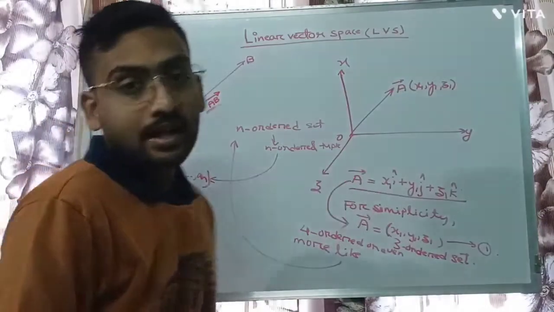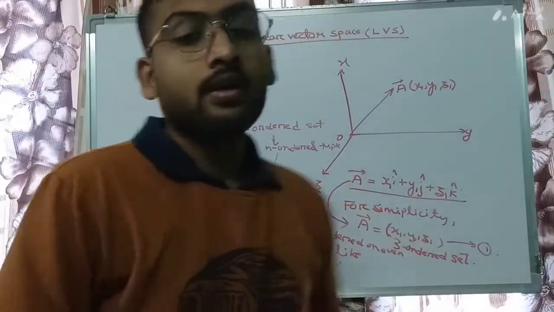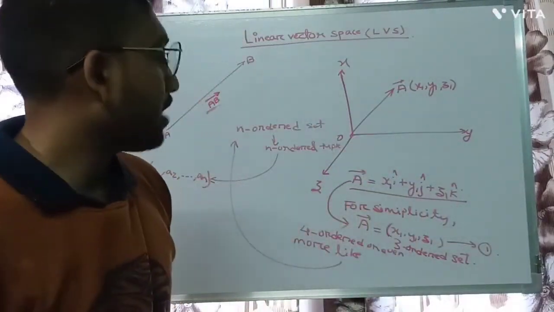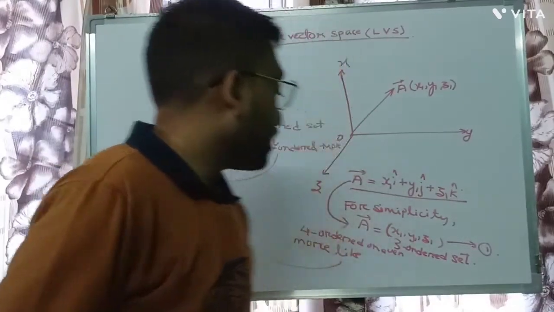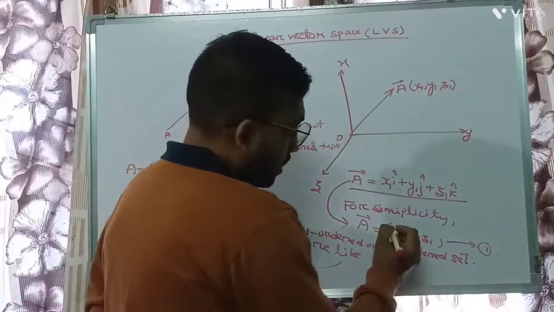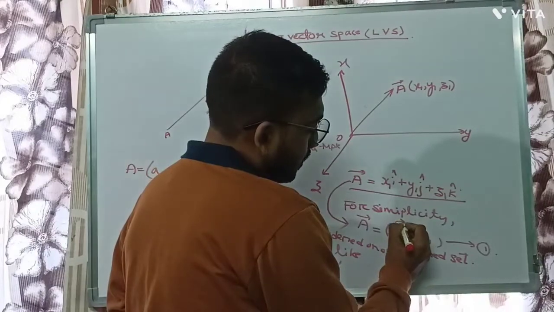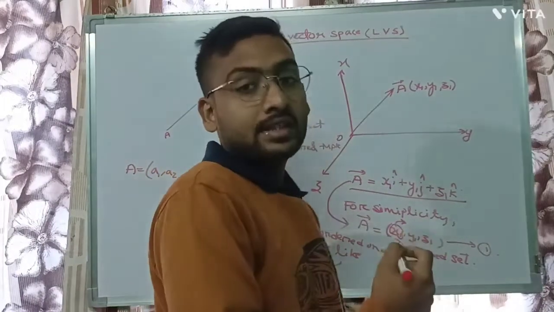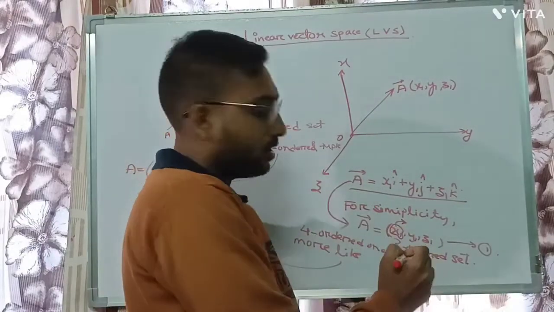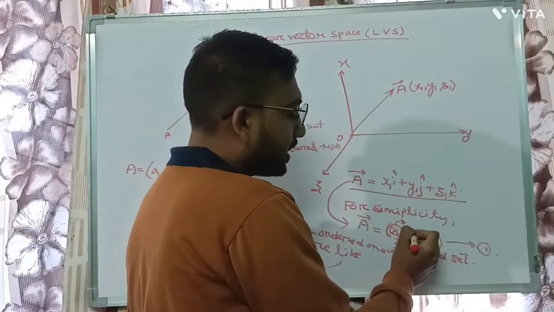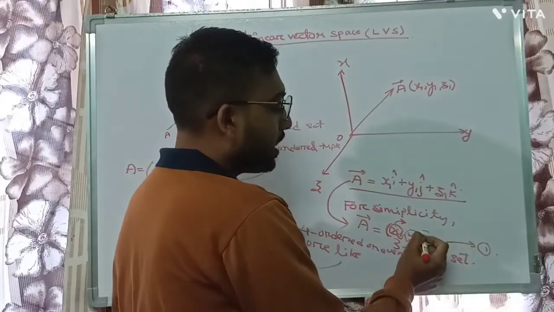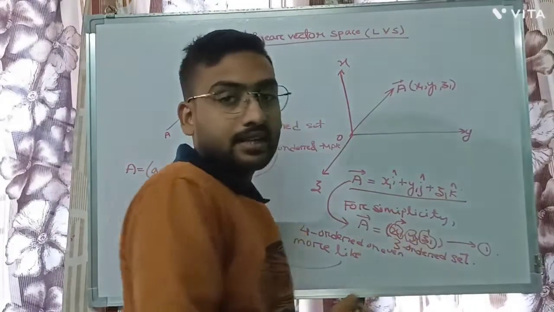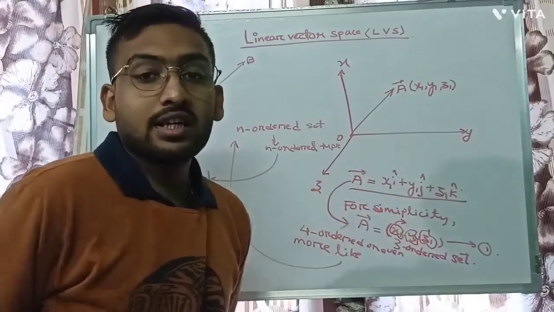By representing a vector in this form, it's only for simplicity. In doing so, the first coordinate of A represents that it is in the x direction, the second one represents that it is in the y direction, and the third coordinate represents that the magnitude is in the z direction.